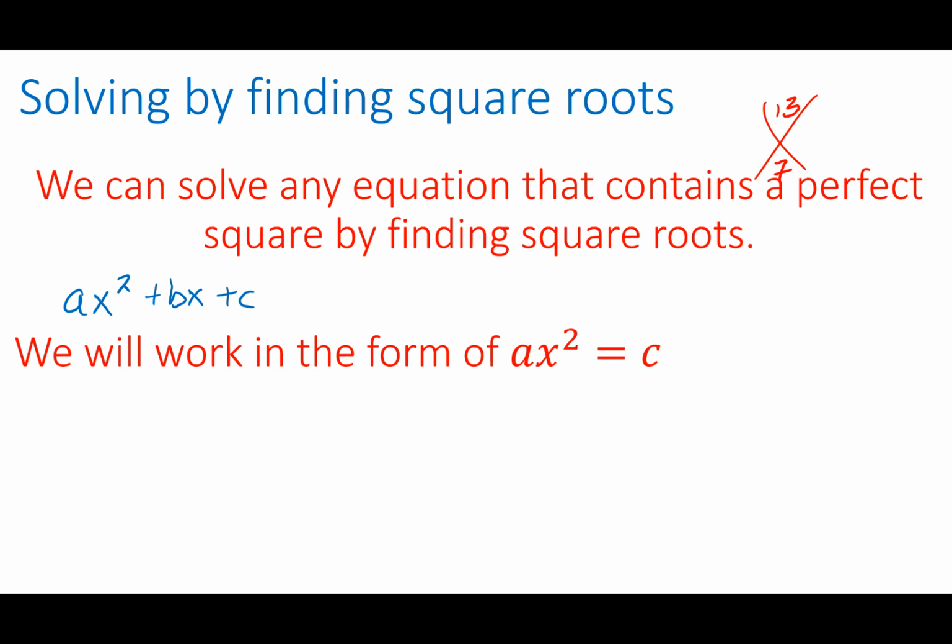So we just have ax squared and we have some number going on. Well, we can write it as ax squared equals some number. So in order to use square roots, it has to be in this form, ax squared equals some value c. If you have any b going on, if b is a number other than 0, you cannot solve using square roots.